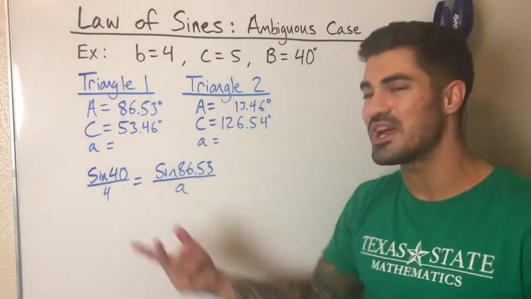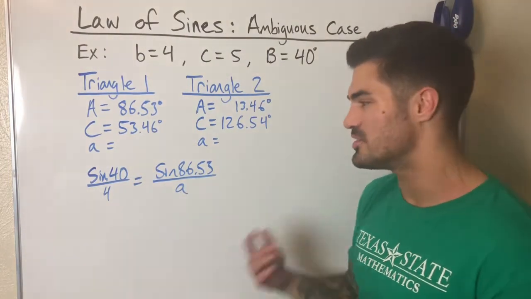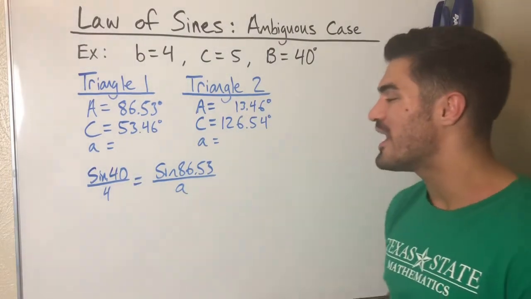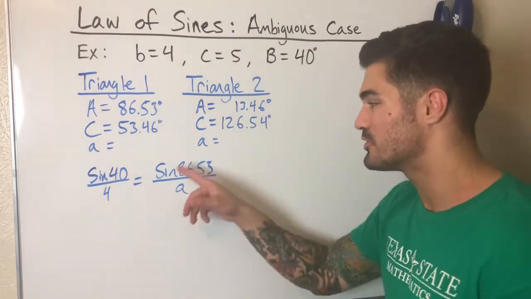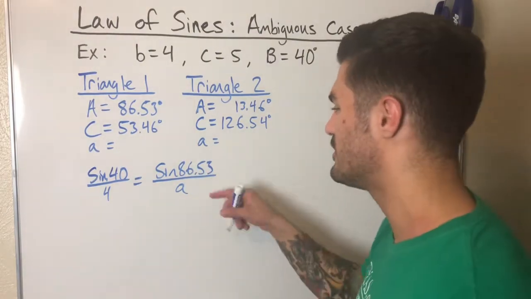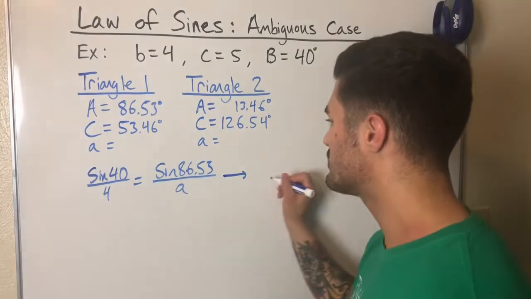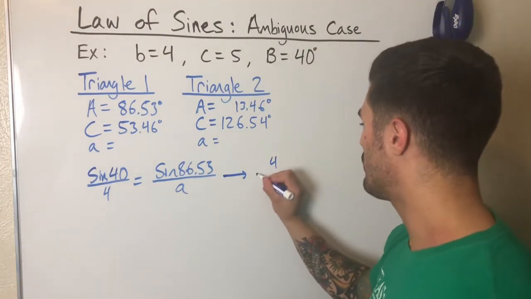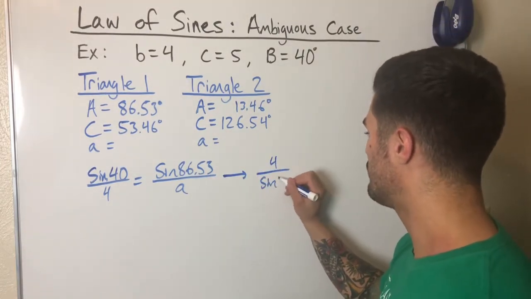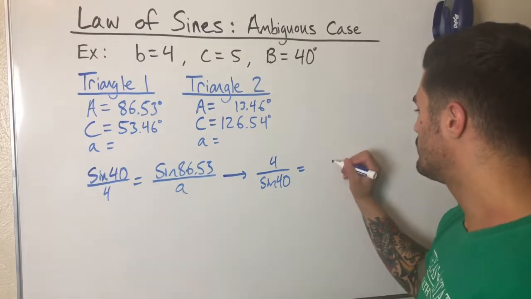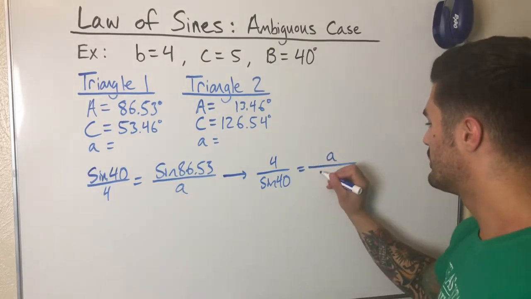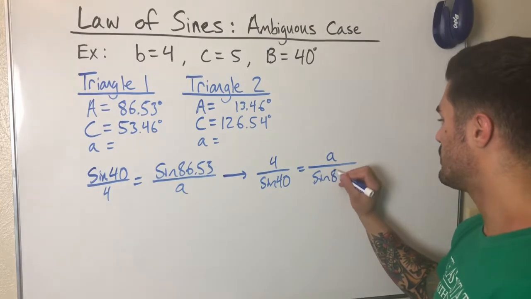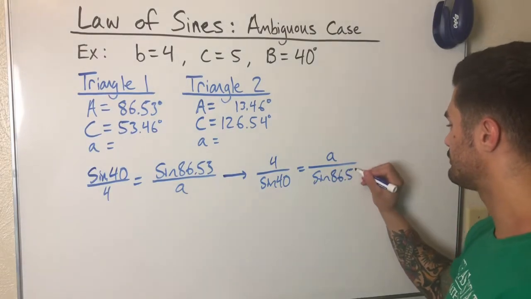I can flip both sides of this and it'll still be a true equation, right? So I can go ahead and do that, and then it'll be easy because I can just multiply both sides by sine of 86.53. So if I flip both sides of this, I'll draw a little arrow. I have 4 over sine of 40 degrees equals A over sine of 86.53 degrees.